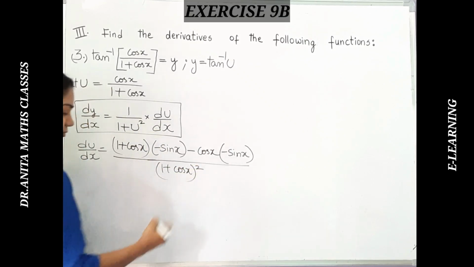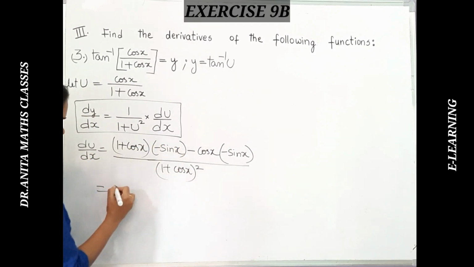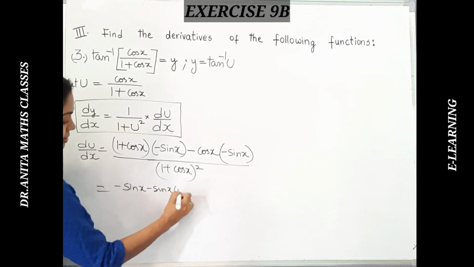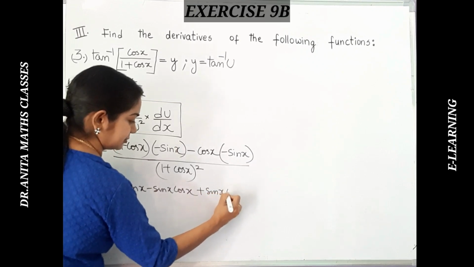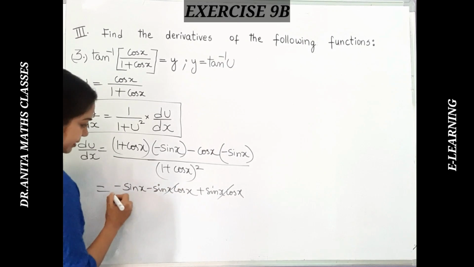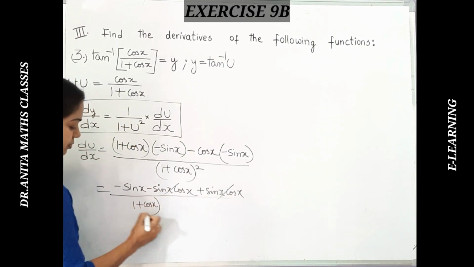This is v square. Okay, we applied the quotient rule here and we will multiply minus sin x by sin x. Here minus plus sin x cos x. Okay, so you can cancel off minus and plus. This becomes 1 plus cos x whole square.